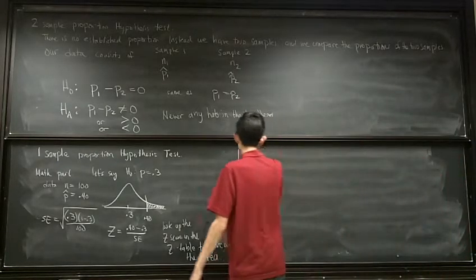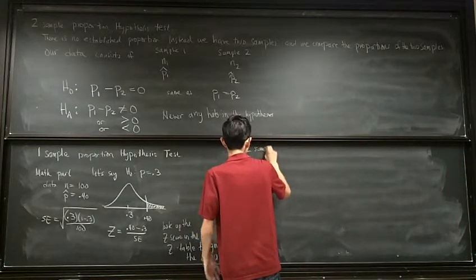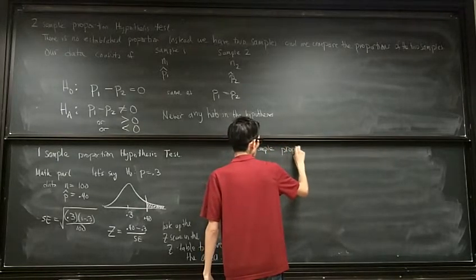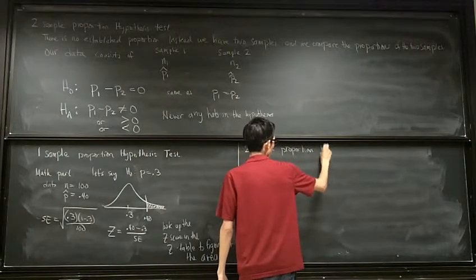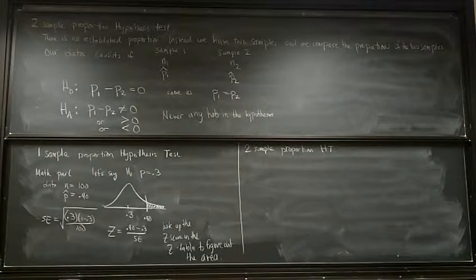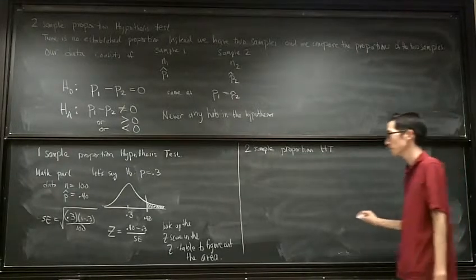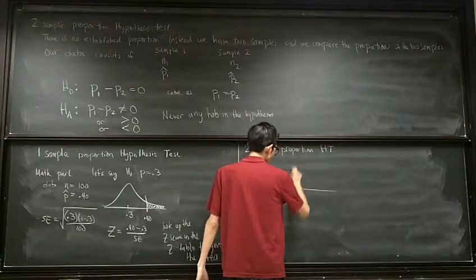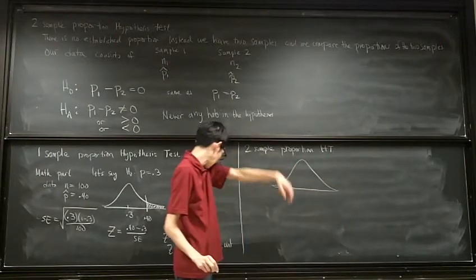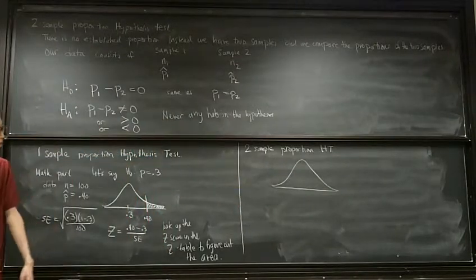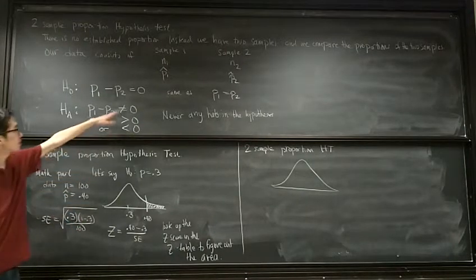Okay, so for a two-sample proportion hypothesis test, we're going to set up a normal distribution. And what do you think the mean of the normal distribution is going to be? It's going to be 0.